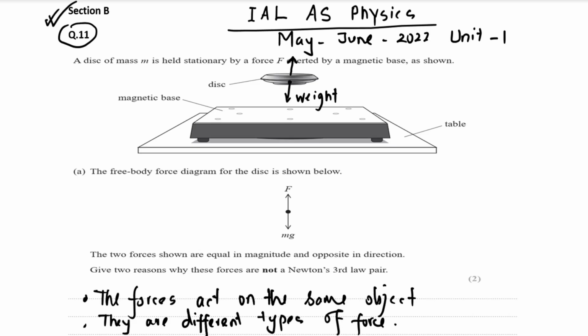So these two forces are not a Newton's third law pair. Newton's third law is applicable when two forces act on different objects and they must be the same type of force.